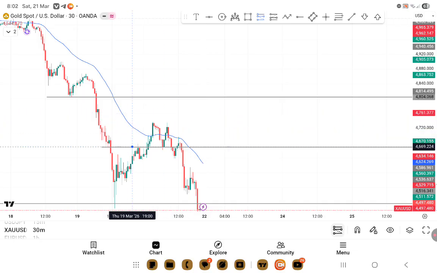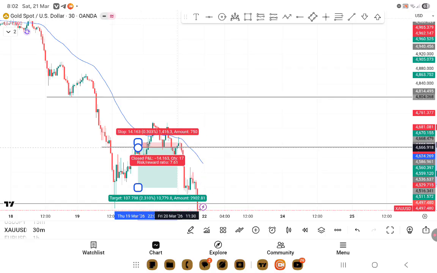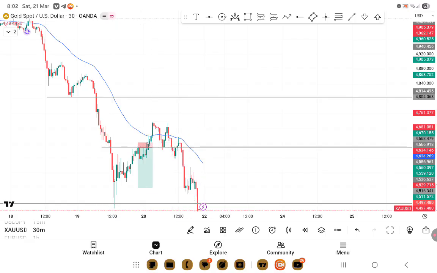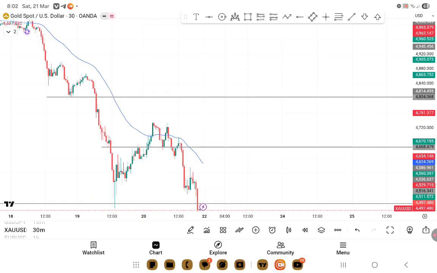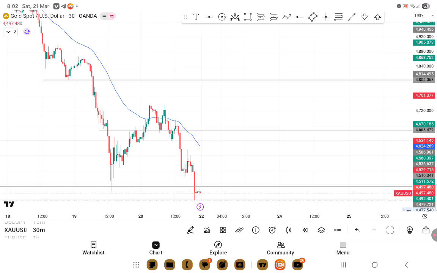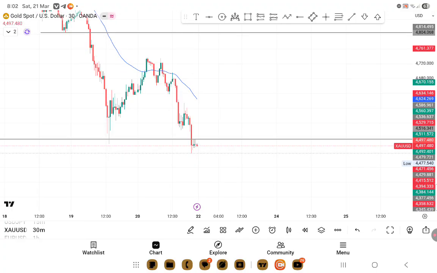So let's see, with 20 trades, we lost 6. Not a bad win rate, right? That's almost 70% win rate. So this one is not yet activated.